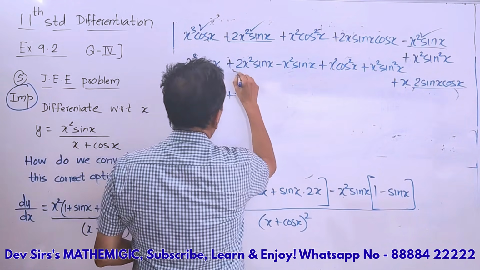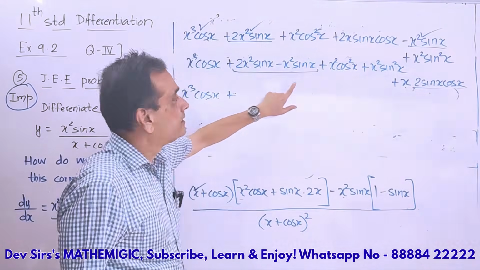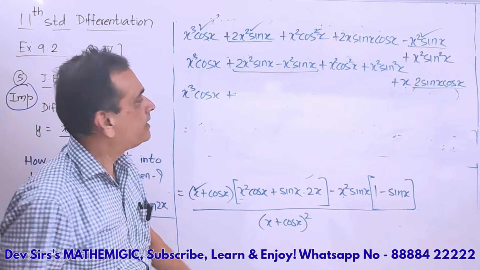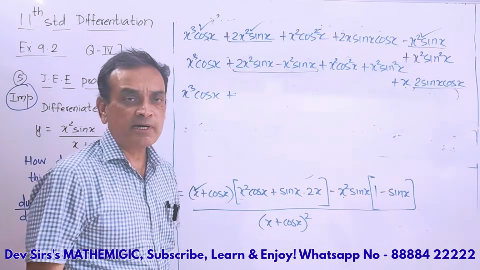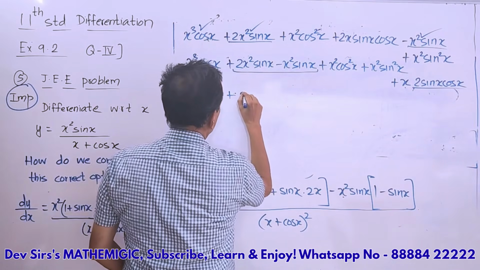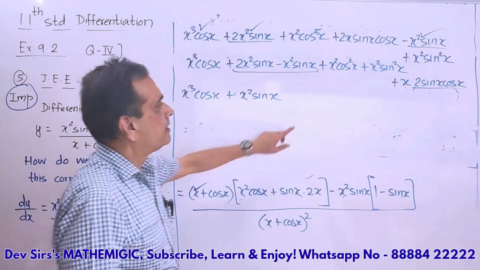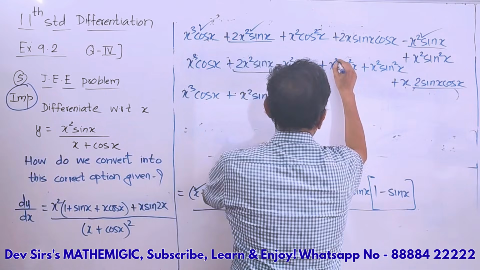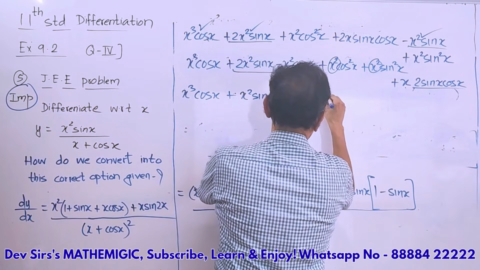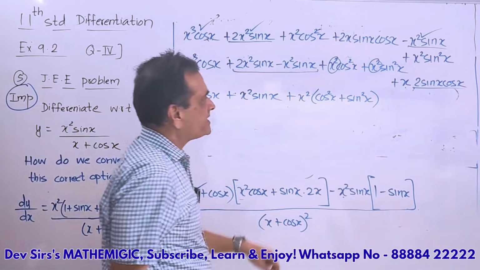Okay. What do you think will this be? अगर sin x को कॉमन निकाला, 2x squared minus x squared is how much? 1x squared, or x squared. So 2x squared sin x minus x squared sin x is x squared sin x. Take out x squared common here: cos squared x plus sin squared x.